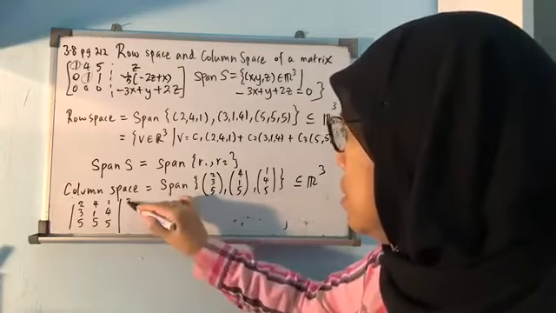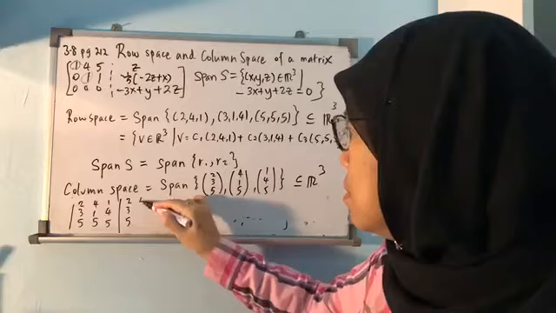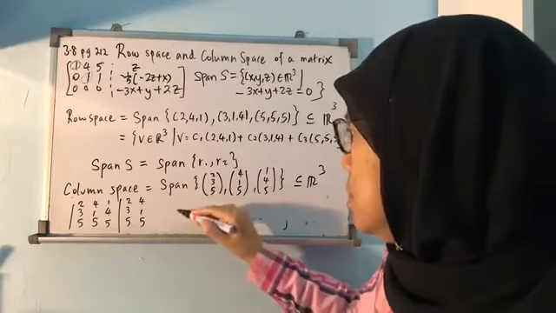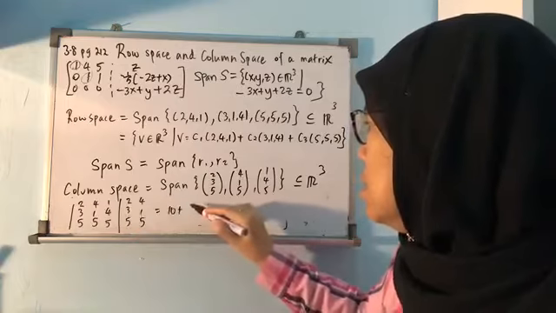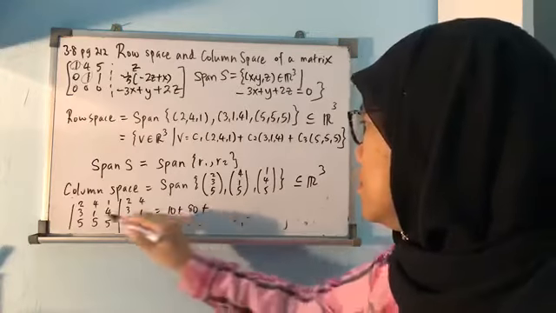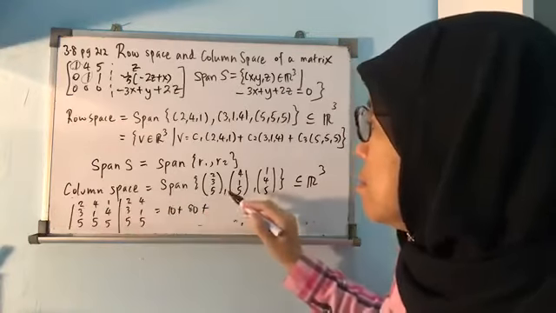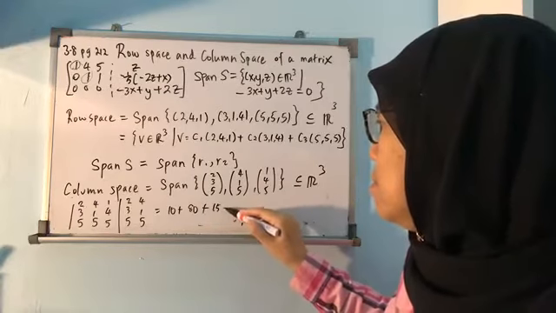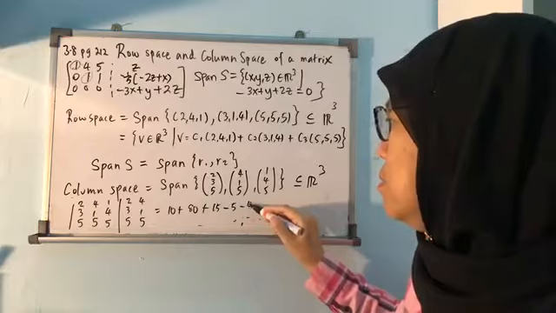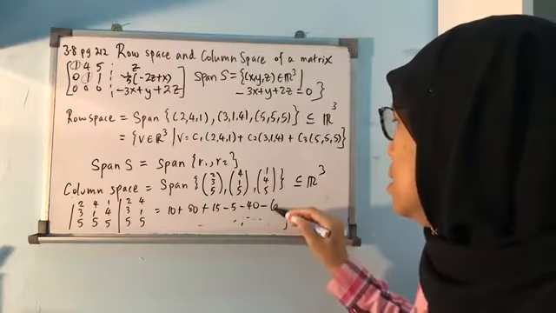This is 10 plus 80 plus 15 minus 5 minus 40 minus 60.